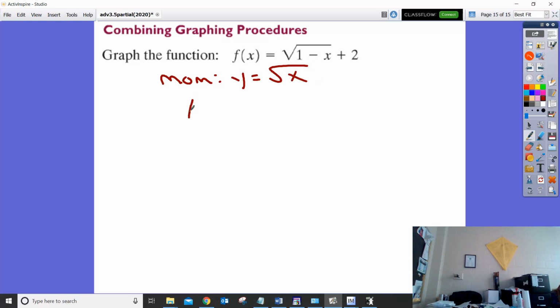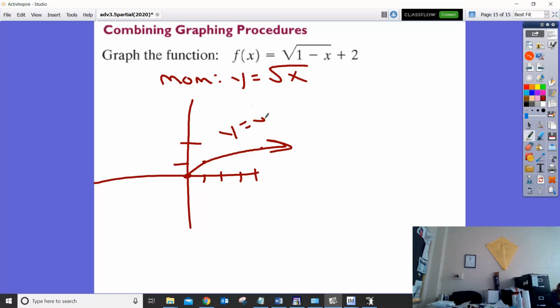Where's X? What do you want to do, mom? Up 2.